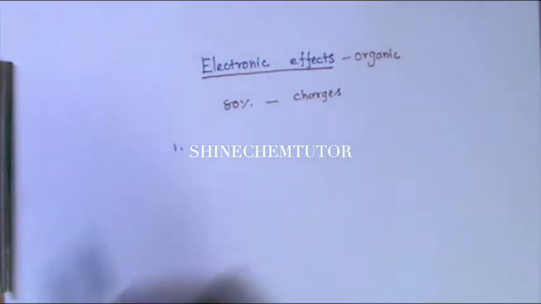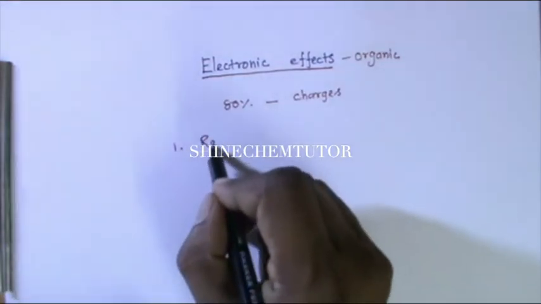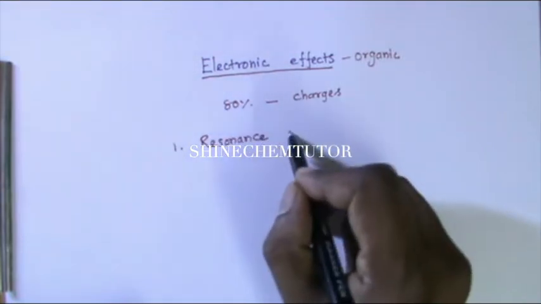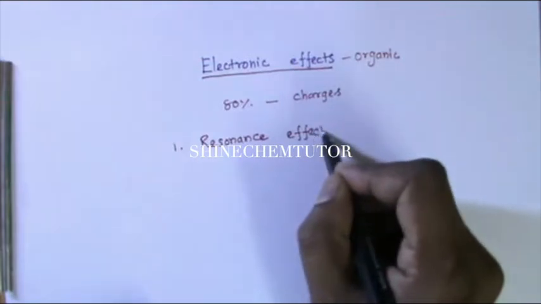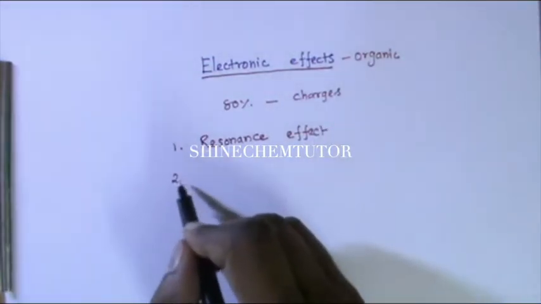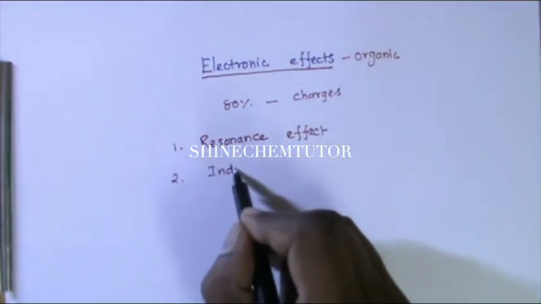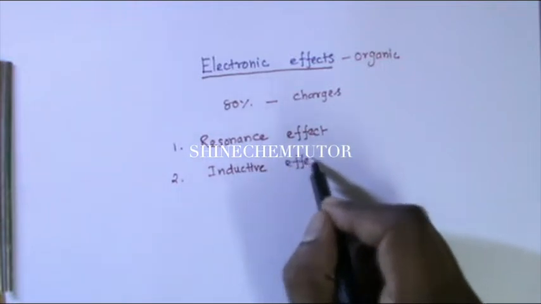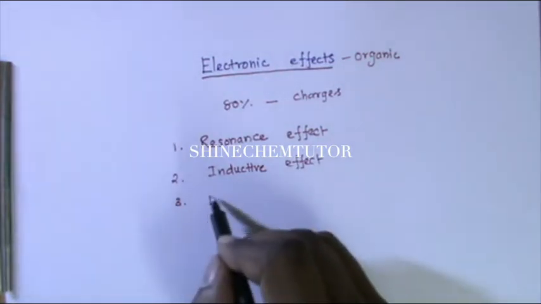There are three major electronic effects. The first one is resonance effect. The second one is inductive effect. And the third one is electronegativity.